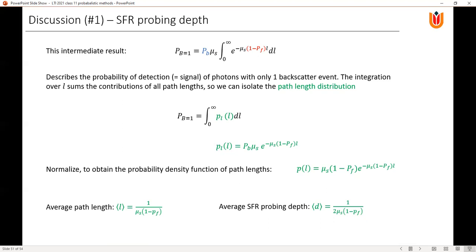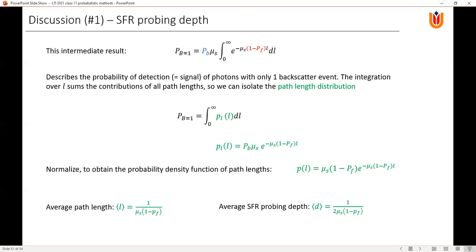Combining these terms would look like this. If you properly normalize it, it would be a true probability density function. Normalization means integrating and equating it to 1. You would get the constant out of it, resulting in this expression.